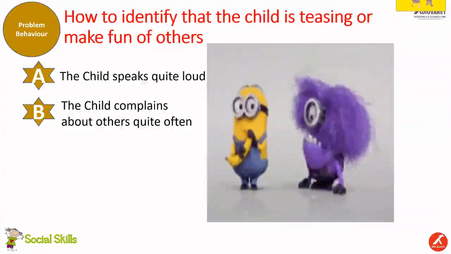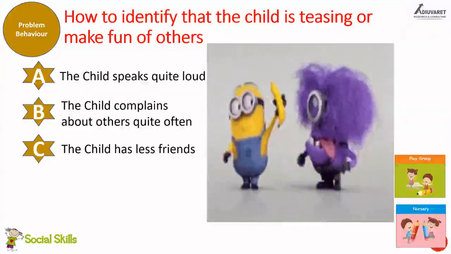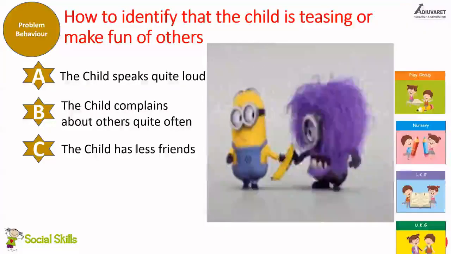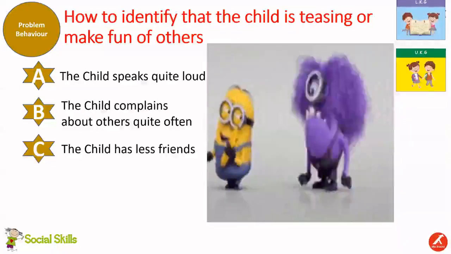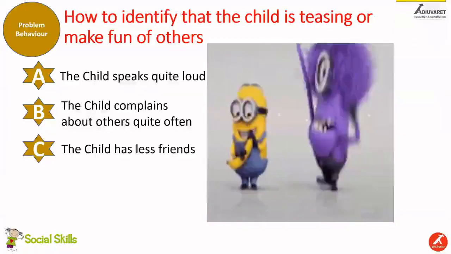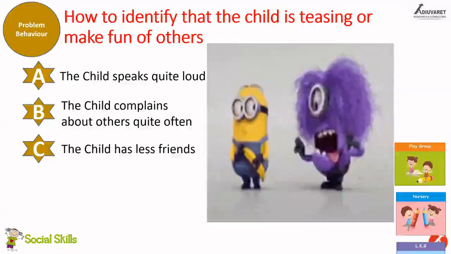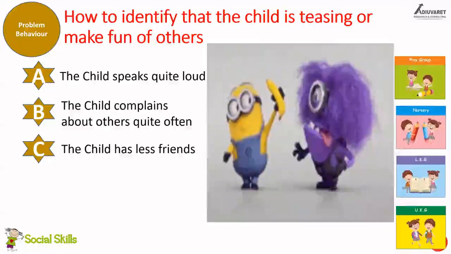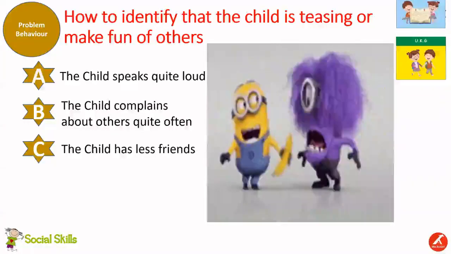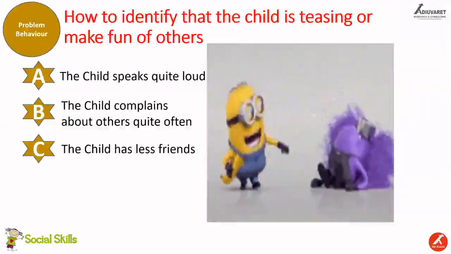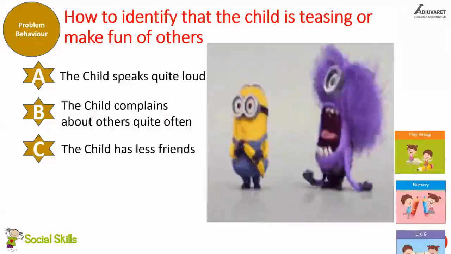or when the child is around other children. The third symptom we must look out for is that the child has very few friends. It's very obvious. If a child teases others and makes fun of others, then most children will not look forward to becoming friends with that child. So very often we ask our child, let me know who are your friends and who are your best friends.